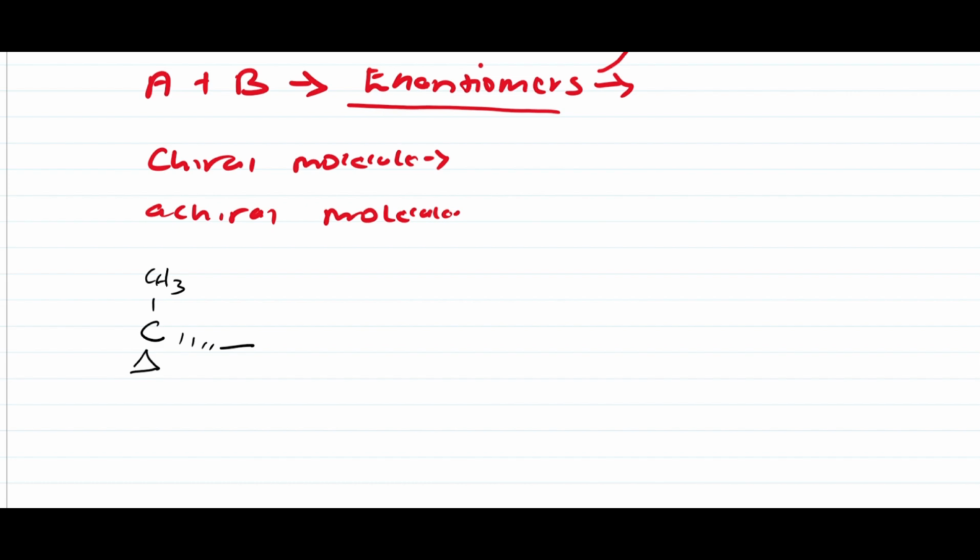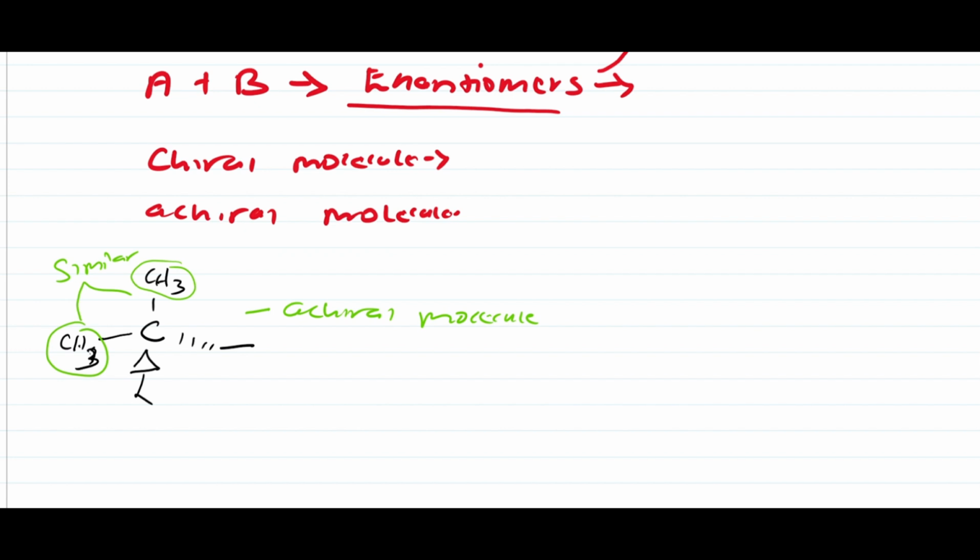Then on the other part, I have a bond that looks like that, and a CH3. So this is not a chiral molecule because I have a CH3 and a CH3. Since these ones are similar, this molecule is an achiral molecule.